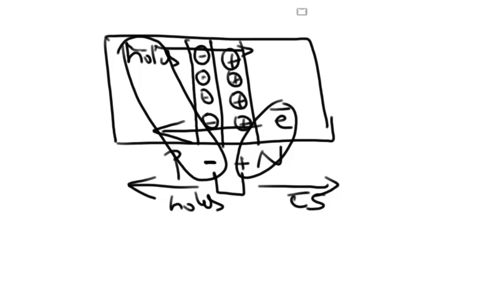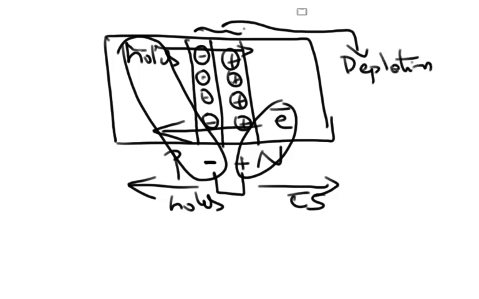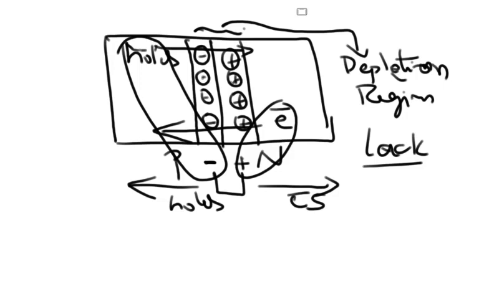This barrier is called as the depletion region, as now this region is depleted or lacks excess holes and electrons for movement due to attraction between positive and negative ions.